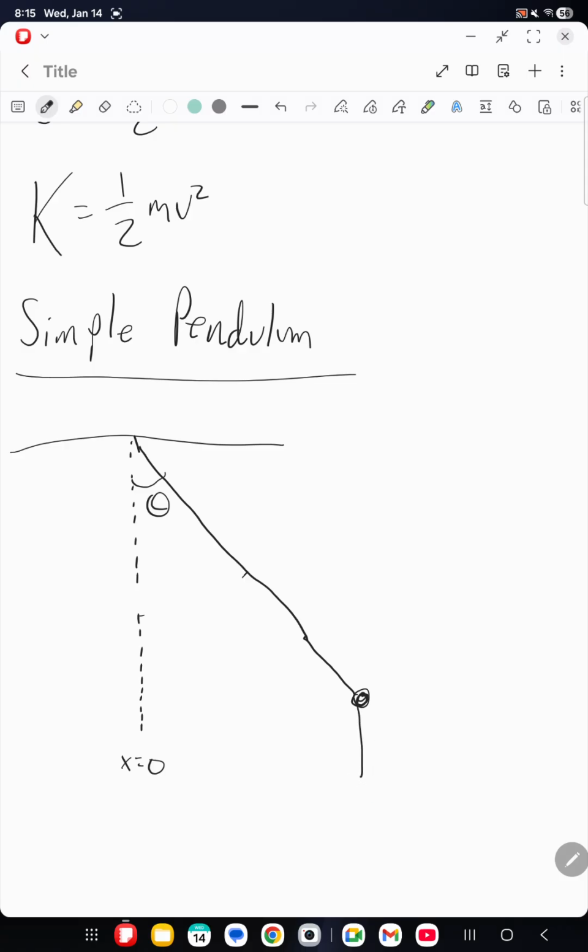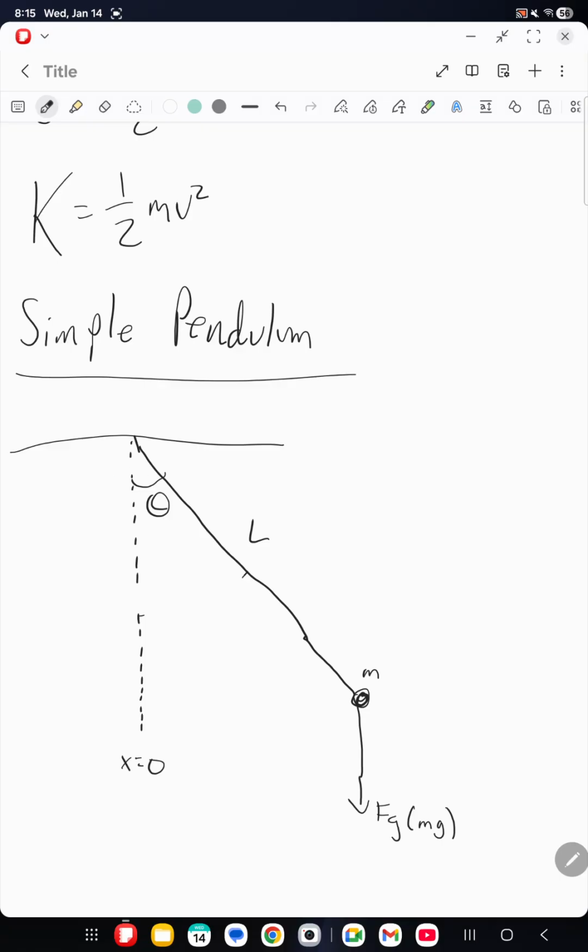You could simply do the forces on this, the free body diagram. This will be of length L. It will have a gravitational force, so this will be mg. It will have an angle there. This will be a point mass m.